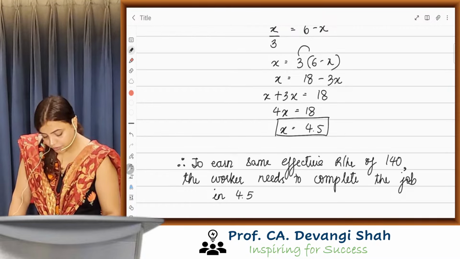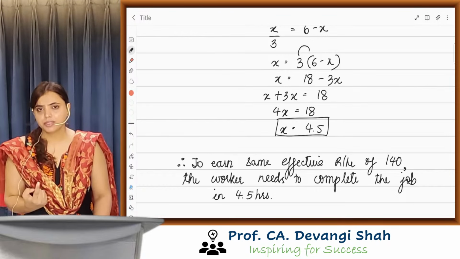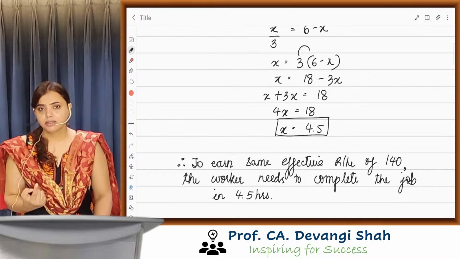So, under Rowan, he was earning 140 per hour by saving 1 hour. Here, if he wants to earn same 140 per hour, he needs to save 1.5 hours.